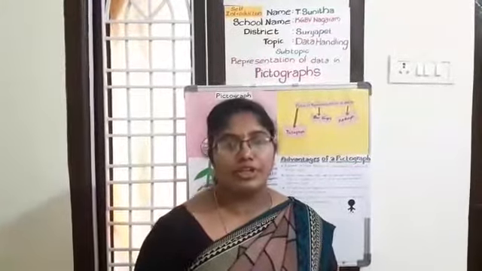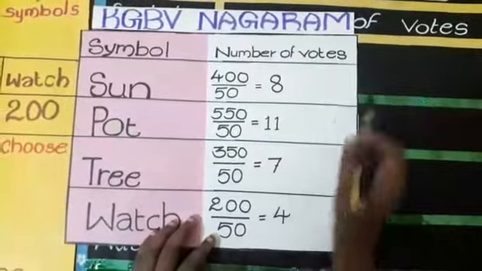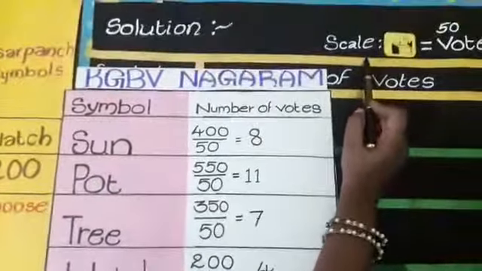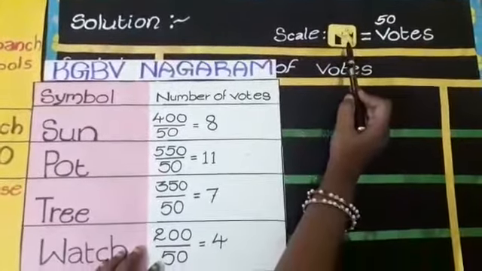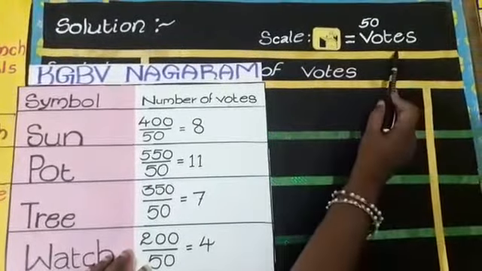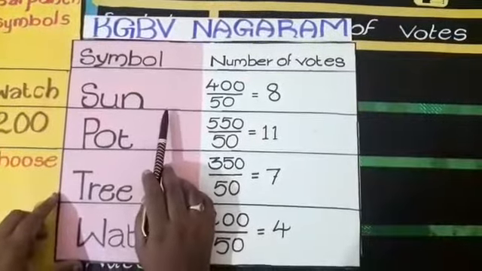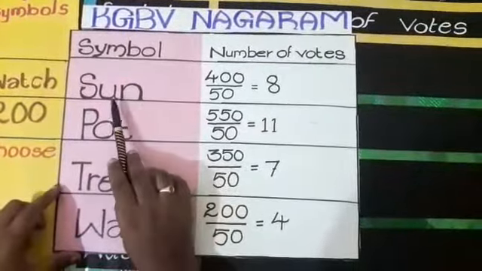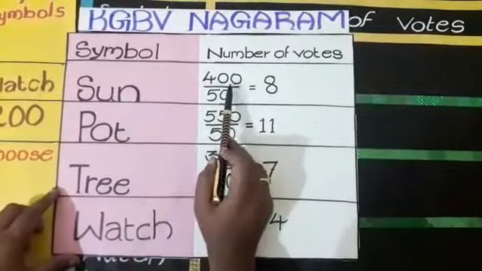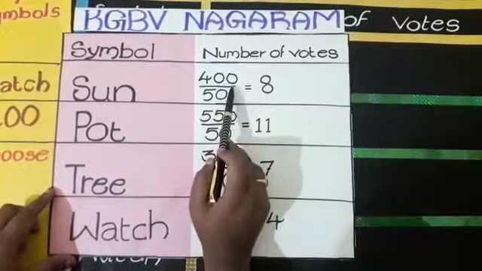Students, now we try to solve this problem. Now we are taking the scale. Here we are taking 1 vote symbol equal to 50 votes. Now we work out this problem. The sun symbol got 400 votes.